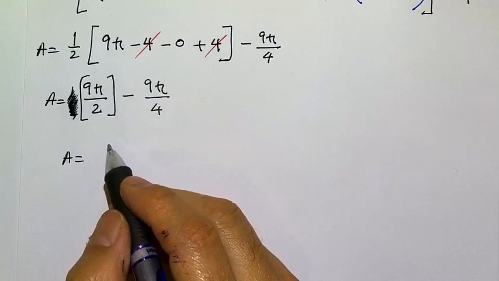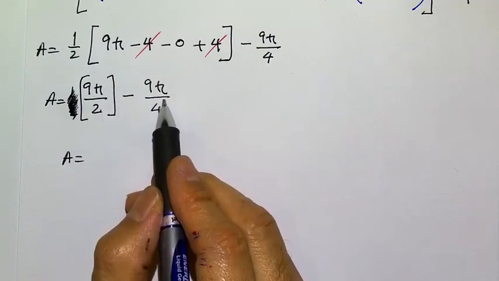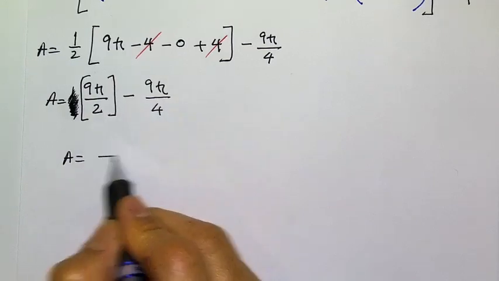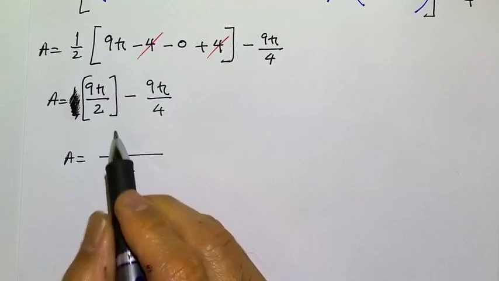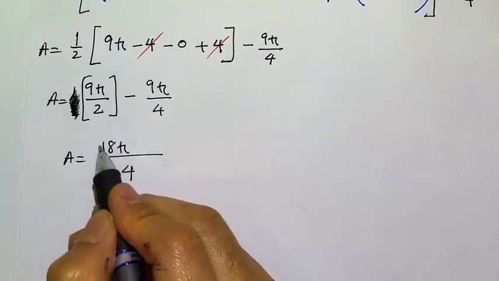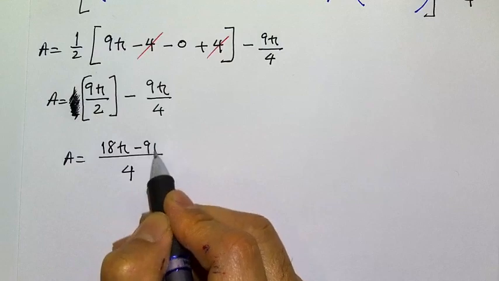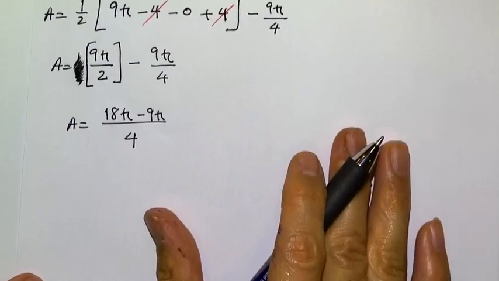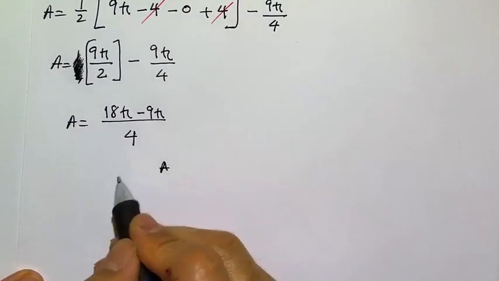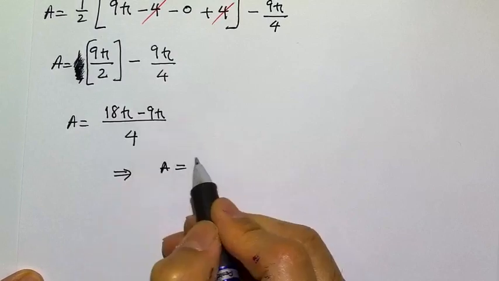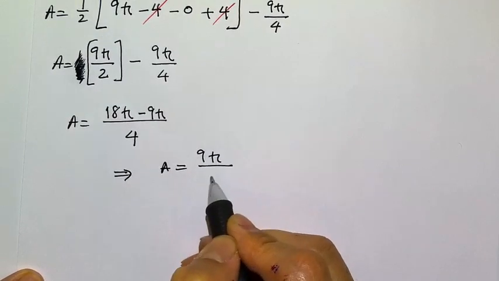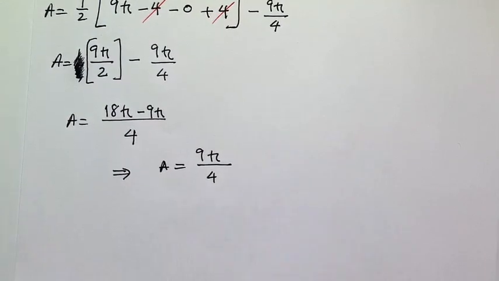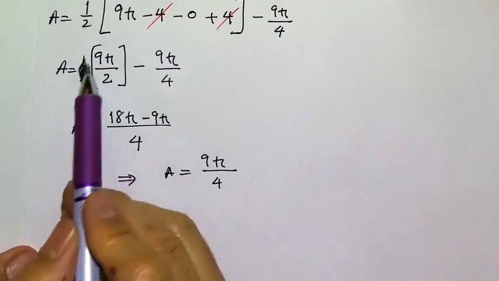So then we get 9 pi over 2 minus 9 pi over 4. So we get 18 pi minus 9 pi. And then of course, area is 9 pi over 4. Again, I apologize for that.